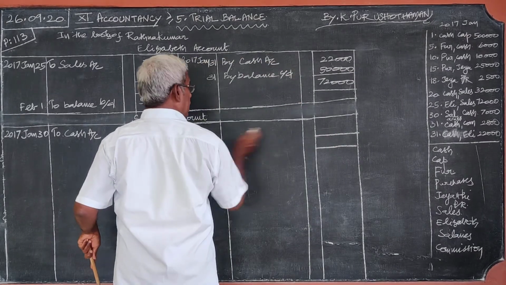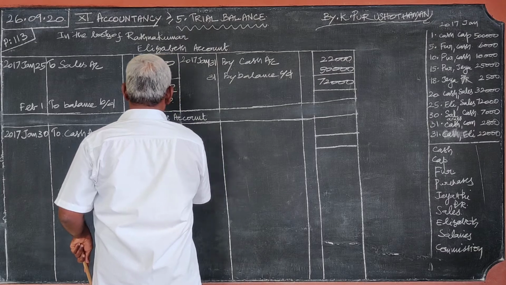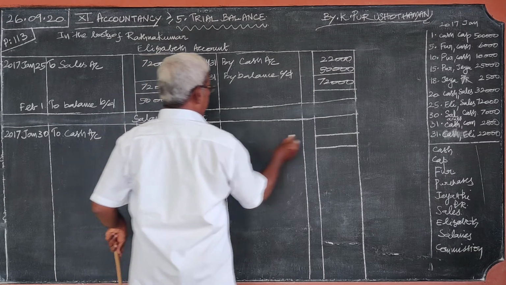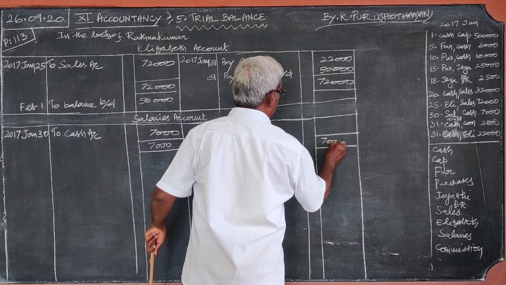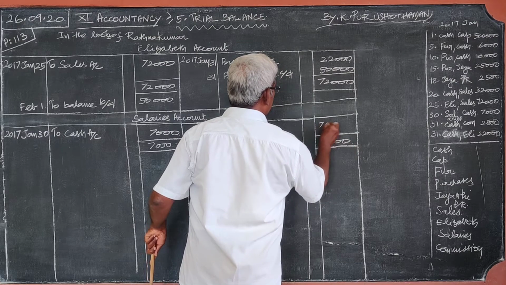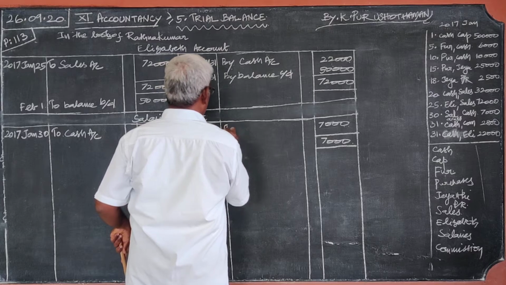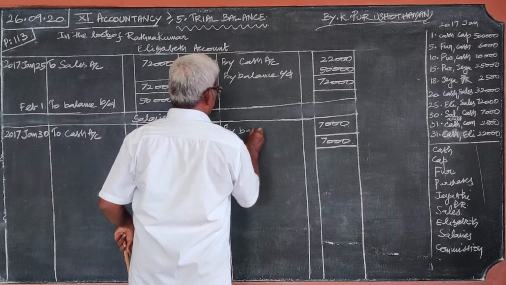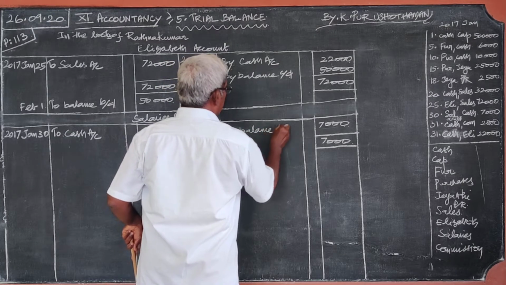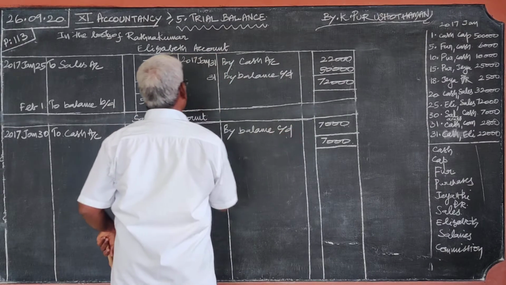Here 7,000 total, here 0. You write the greater total on both the sides. Here the missing amount, that is the balancing amount, is 7,000. So we write it here, to balance carried down.